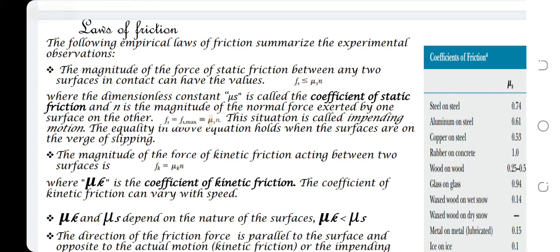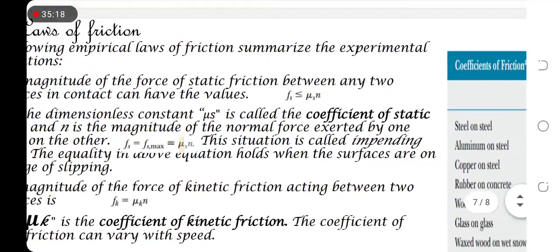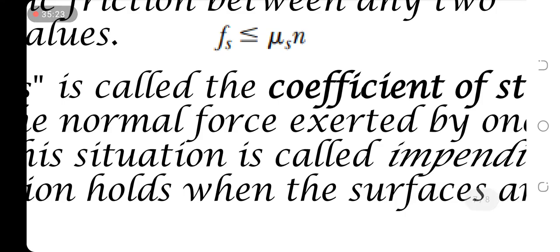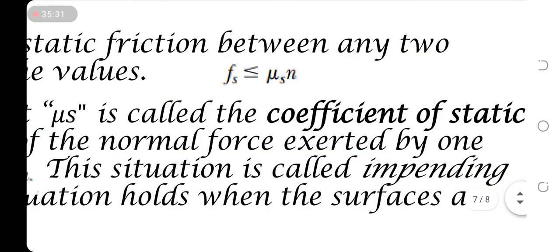The magnitude of the force of static friction between any two surfaces in contact can be written as Fs is less than or equal to mu s n, where mu s is the coefficient of static friction. It means that Fs is directly proportional to the normal reaction.